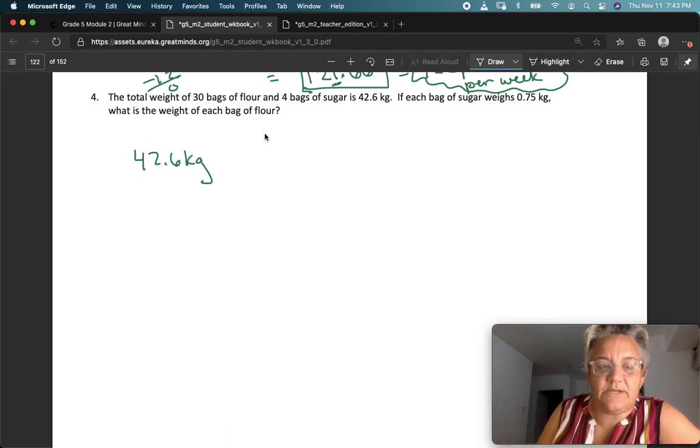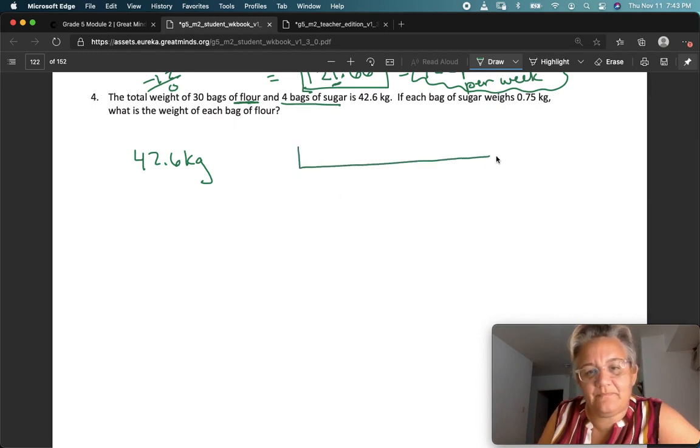Okay, so we want to figure out what the flour weighs, each bag, 30 bags. And we have mixed into this number 4 bags of sugar. So let's see. What I have here is 4 bags of sugar, right? That's sugar.